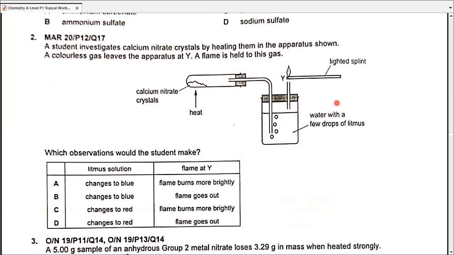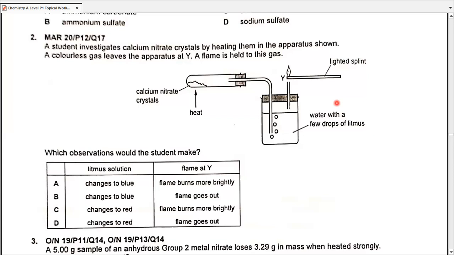What if I tell you it's not A, but you're right with flame burns more brightly? So C. Now, why is it C? Why does the litmus solution change to red? Now, you're making a very small mistake in this one.